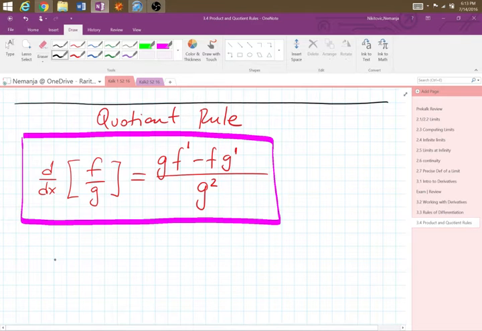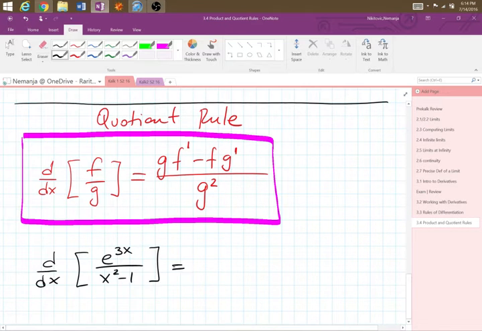So we are looking into, let's say, the derivative of e to the 3x divided by x squared minus 1, for instance. So I always start with the denominator and I copy. Control C, Control V, and then square it. And then you have another Control V over here. You just copy it as is.